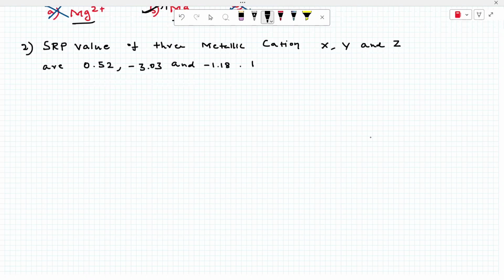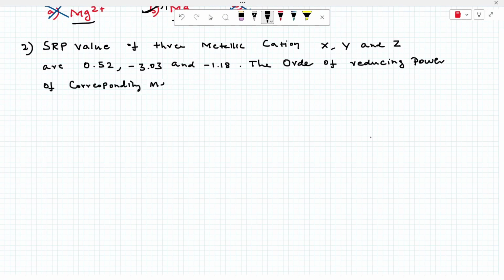Okay, the order of reducing power of the corresponding metal is option A, Y, X, Z.